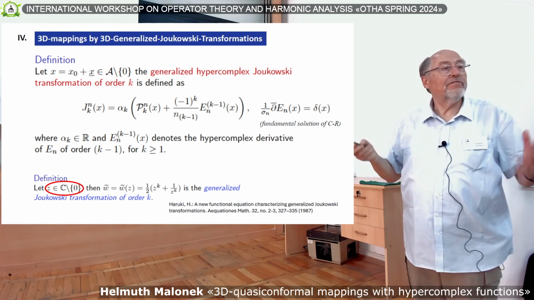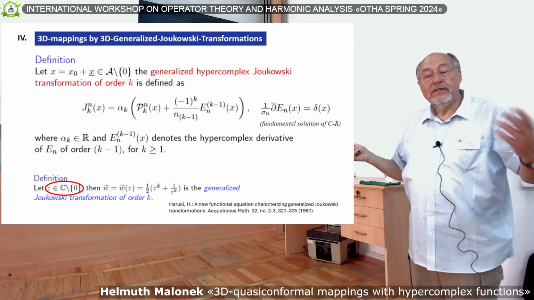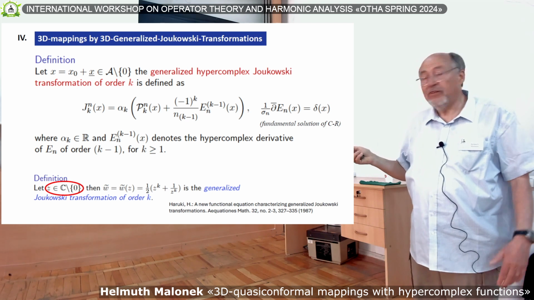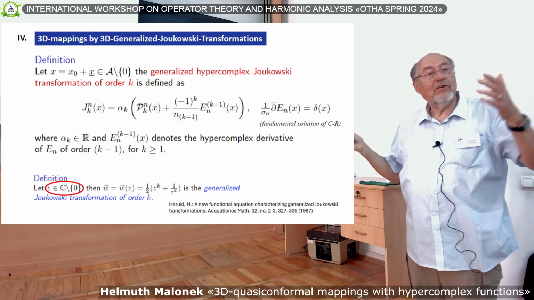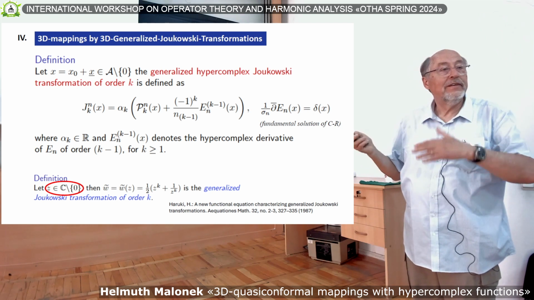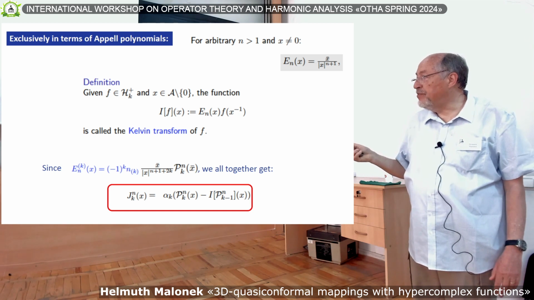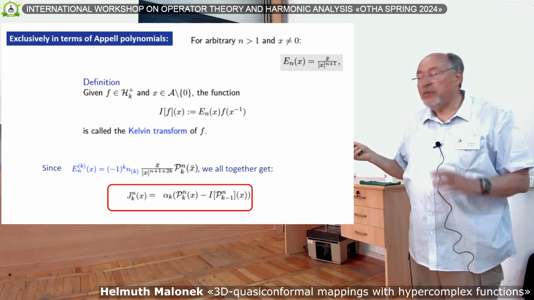And so a lot of analysis is behind. And it's very exciting that the non-commutative structure of the algebra can combine this in a very interesting way. Bessel functions, somebody spoke also about Bessel yesterday. So all comes here from the hypergeometric part into consideration. And here we have the expression of this generalized Joukowsky transformation only by these Appell polynomials.